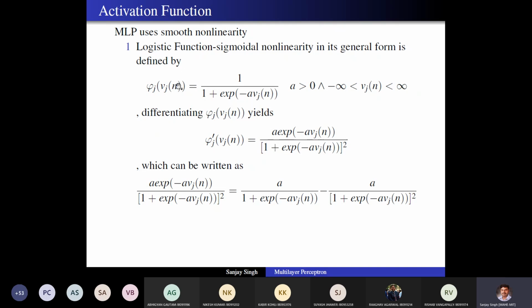Now when I differentiate this with respect to vj, the value comes out to be a exp(-a vj) over (1 plus exp(-a vj)) squared. I'll do this now so you'll get some idea.